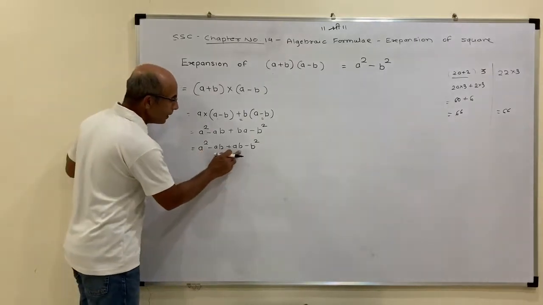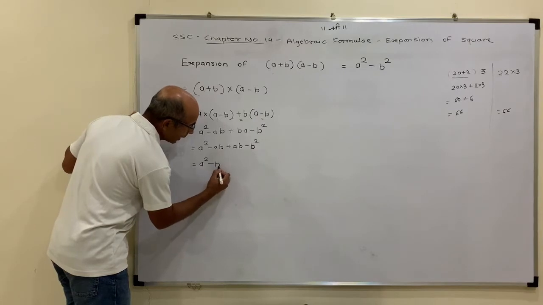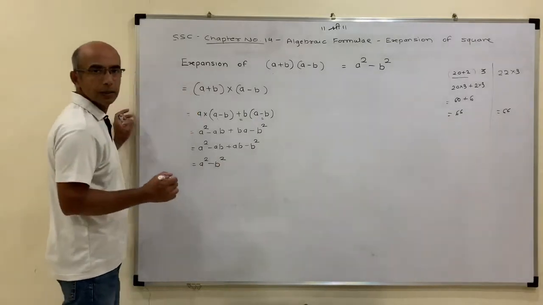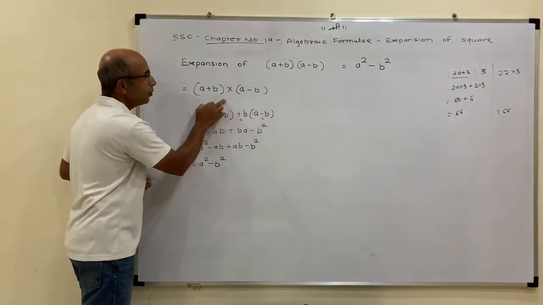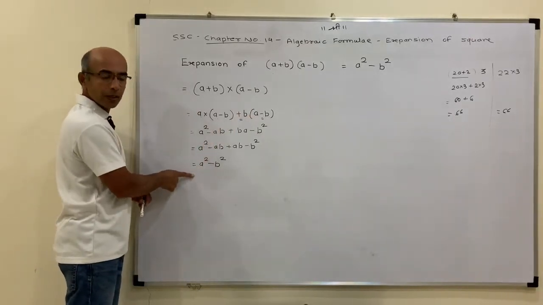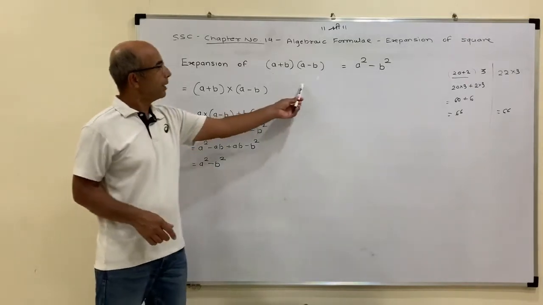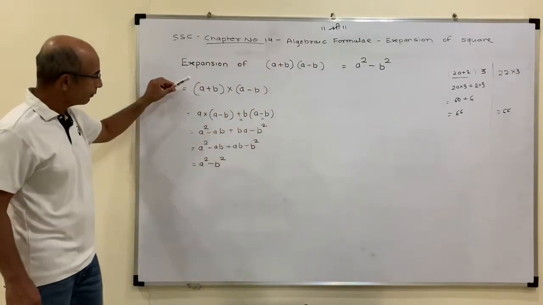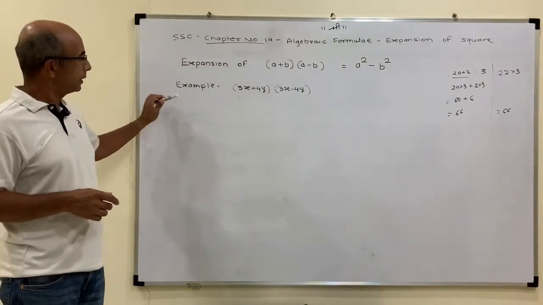Now minus ab plus ab is gone, so a square minus b square is left. So (a plus b) into (a minus b) is nothing but a square minus b square, which I mentioned over here. We confirmed that this is true. Now we'll check with an example.